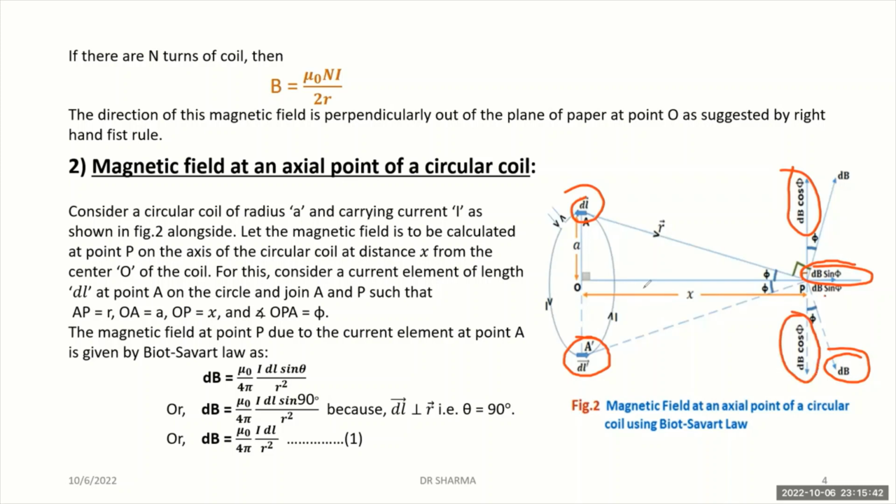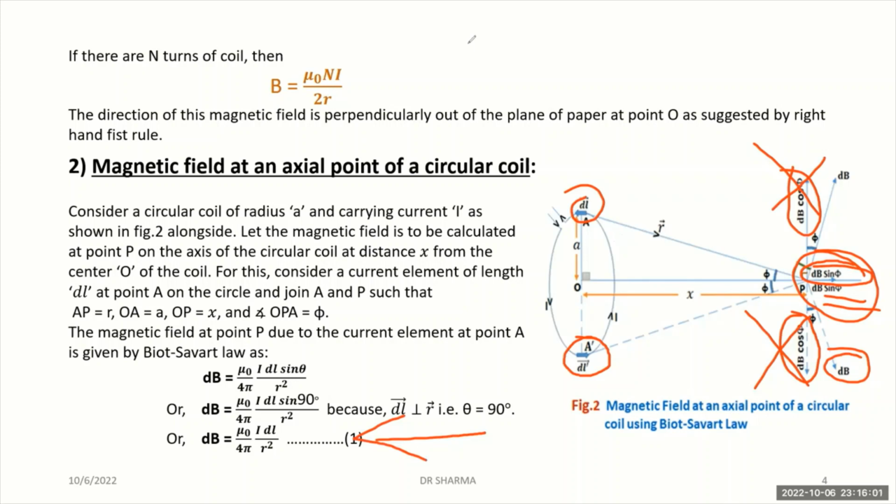But the horizontal component adds up. So to get the total magnetic field, we integrate only the horizontal component dB sin phi of this elemental flux density.